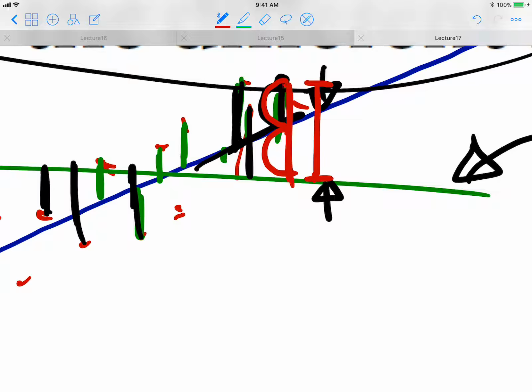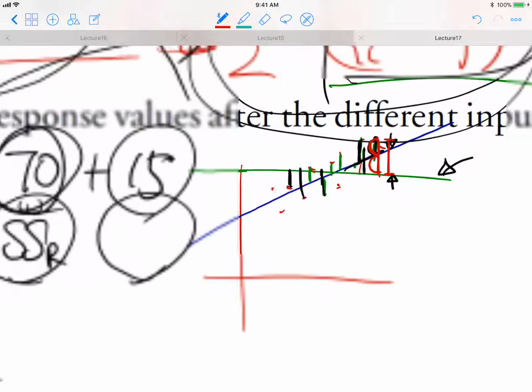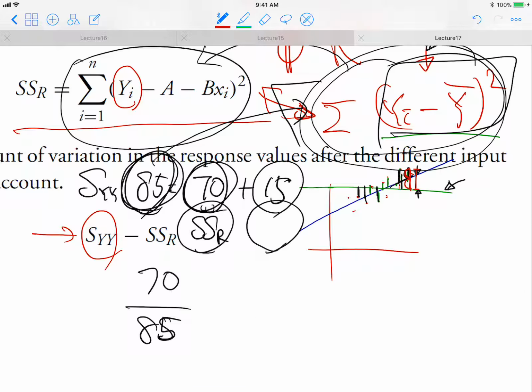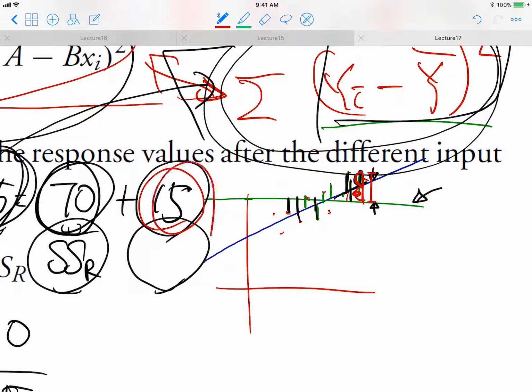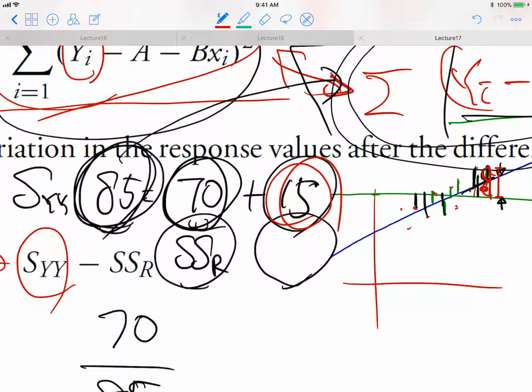The sum of squares of all these values is the sum of squares of our residual, and this part is something like 15. So that is the part explained by our linear regression, and the residual part is the remaining part that our linear regression cannot explain.